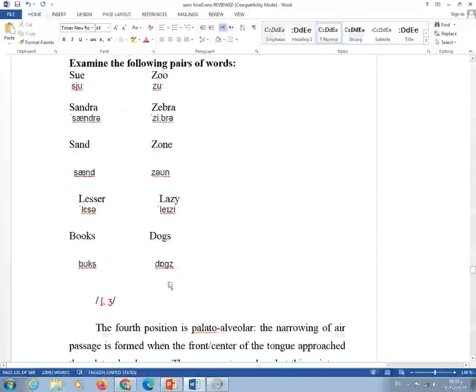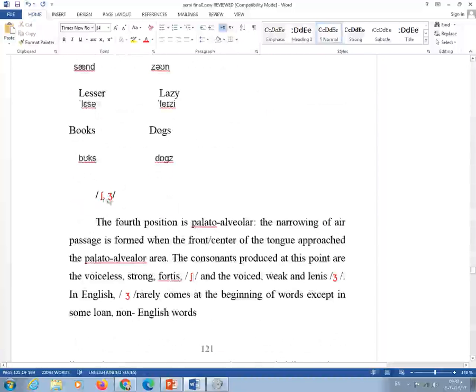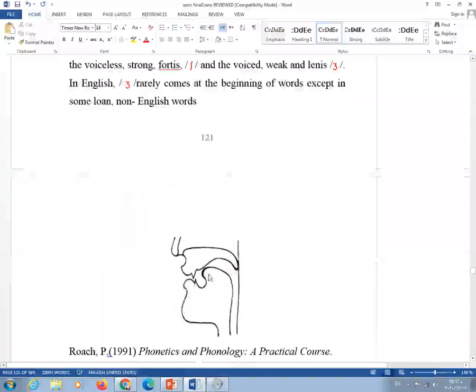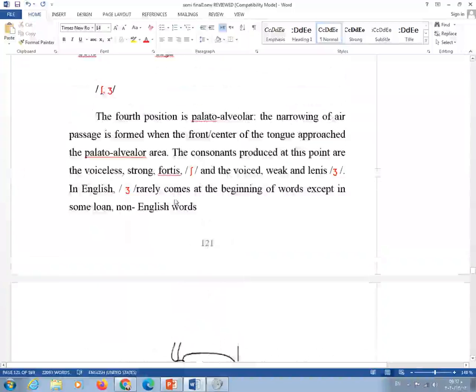And then another couple, sh and zh. The place of articulation is palato-alveolar. After the alveolar ridge, the area between the hard palate and the alveolar ridge takes from both, so we call them palato-alveolar consonants.